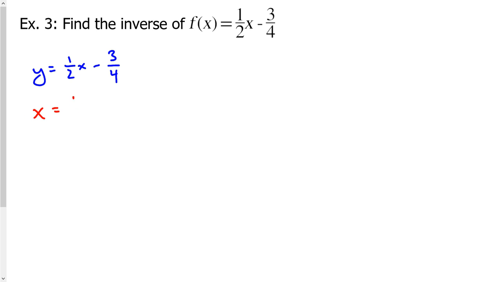So now it's x equals 1/2 y minus 3/4. And then I'm going to actually solve it. I'm trying to solve for this y. So I'm going to start by adding 3/4. So x plus 3/4 equals 1/2 y.